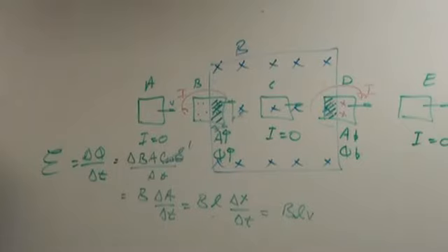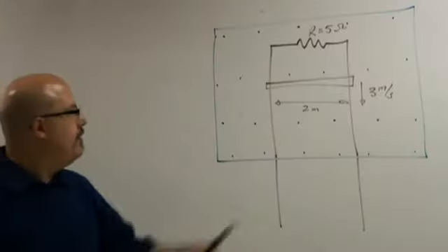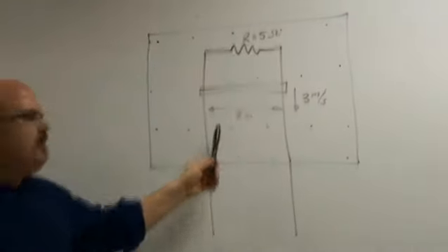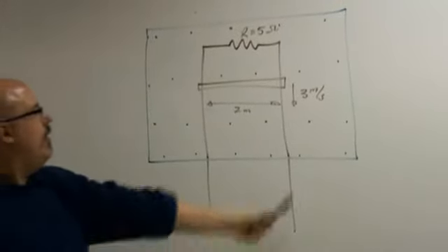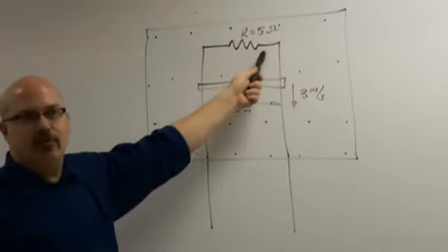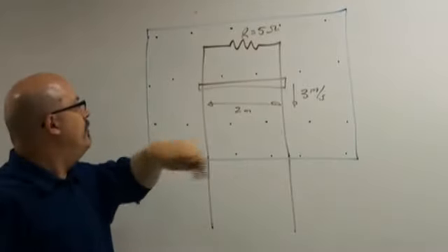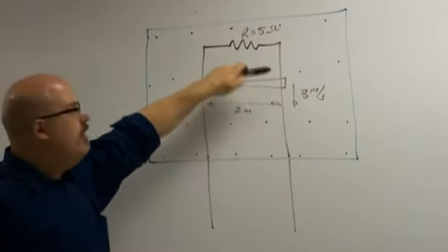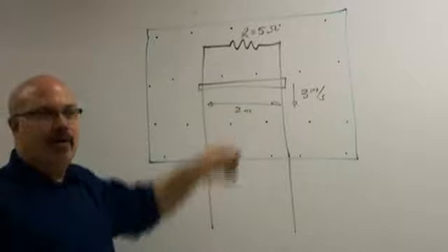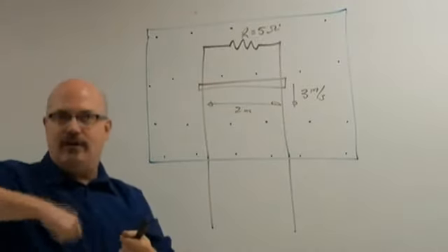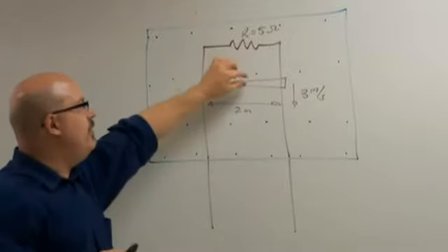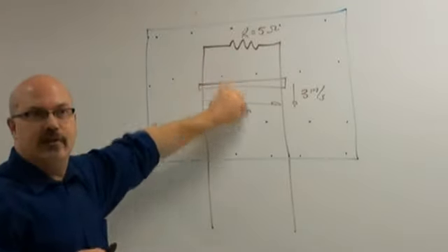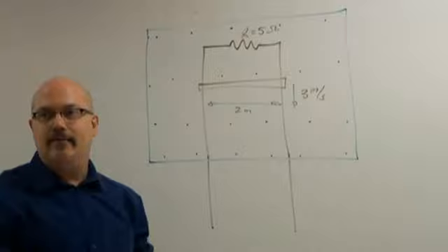I'm gonna give you a different version of it. The distance between these are two what's called rails. I have a rail here and a rail here, and then connecting them is a resistor of 5 ohms. This is a bar that can slide along the rails. Remember that thing I had out the other day where I sent current through it and it rolled back and forth across the rails? It's a similar thing. This thing is going to roll or slide this way at 3 meters per second.